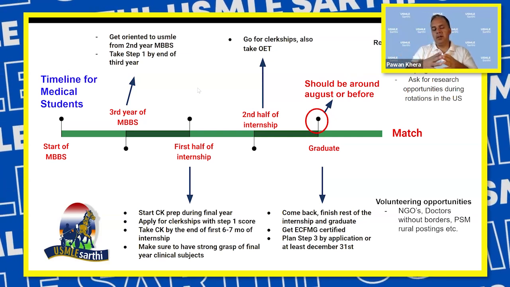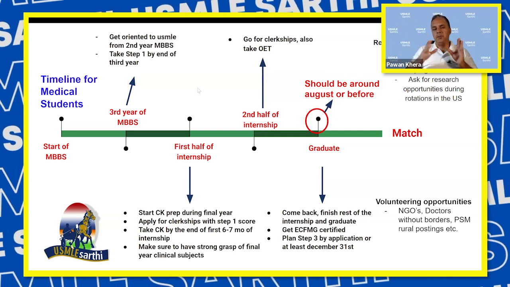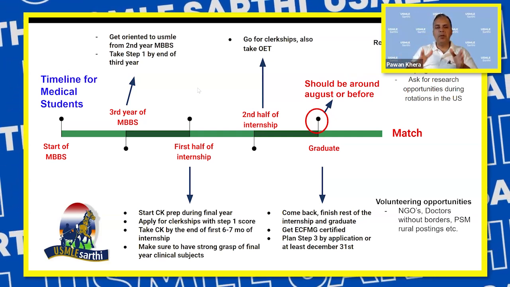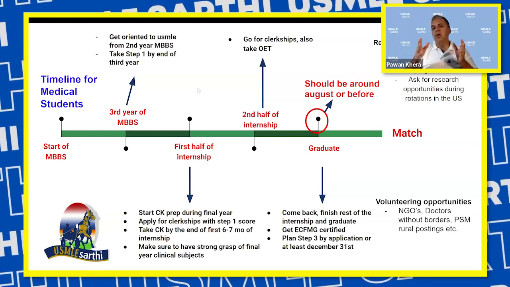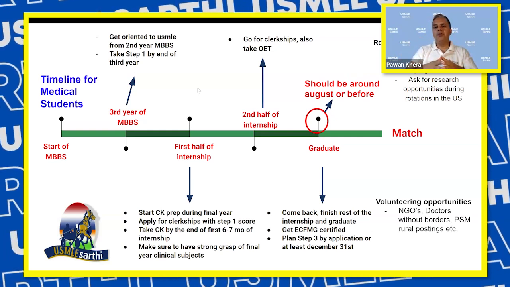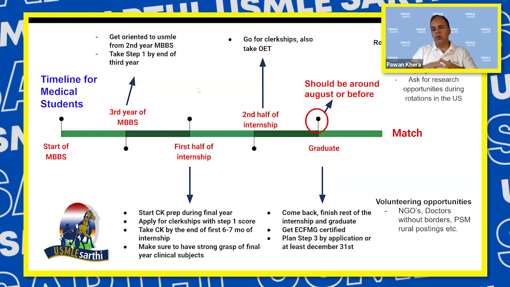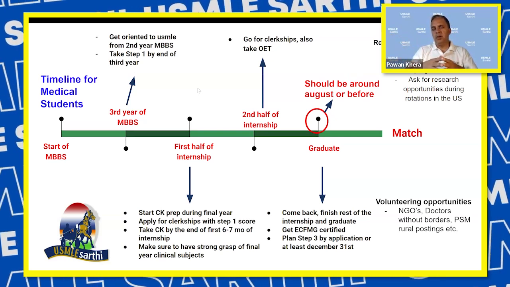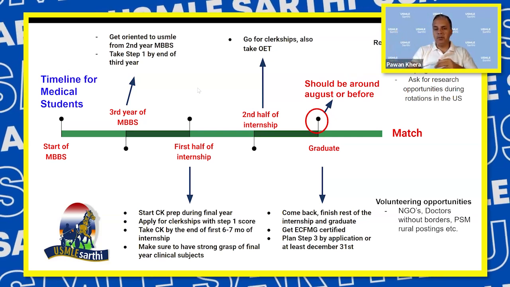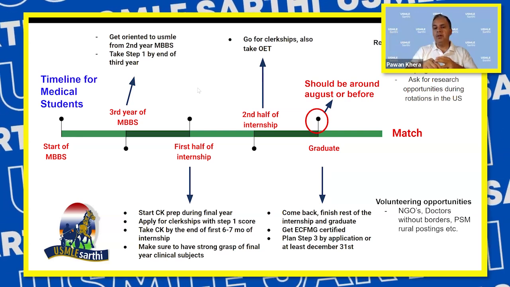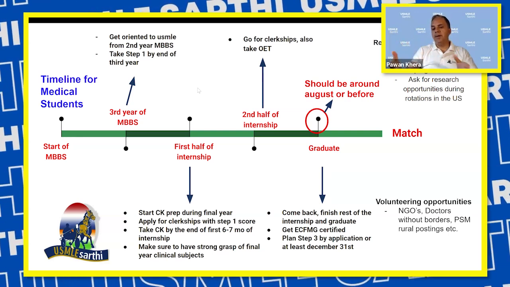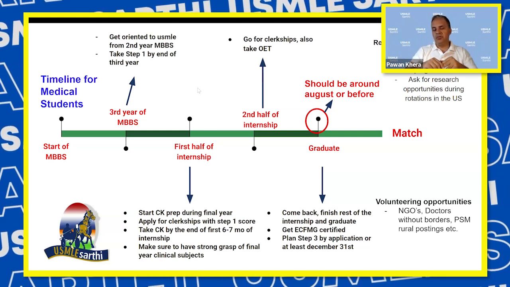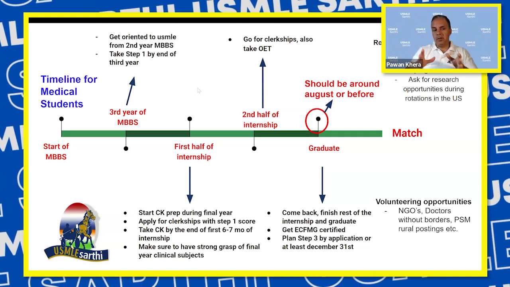Basically, the idea here is: when do you go for Step 1? When do you take a break? When do you go for the USCE? When do you do the CK? And then working backwards from the season, a September application, when do you get ECFMG certified? When do you plan for Step 3? So all of this, hopefully, this chart is clear to you.